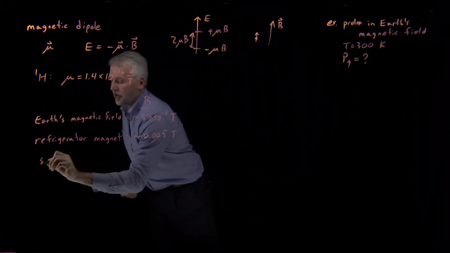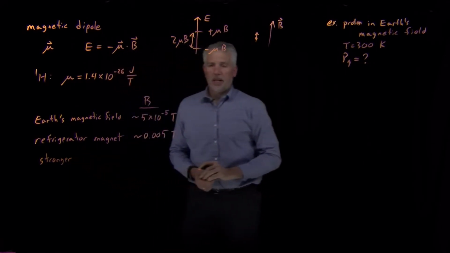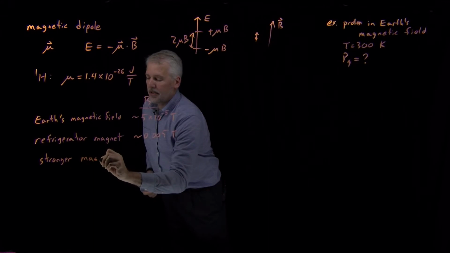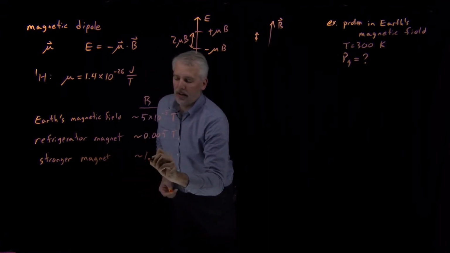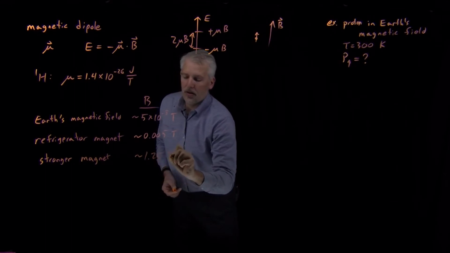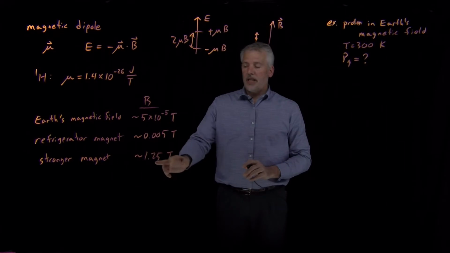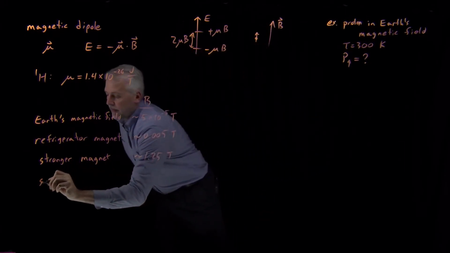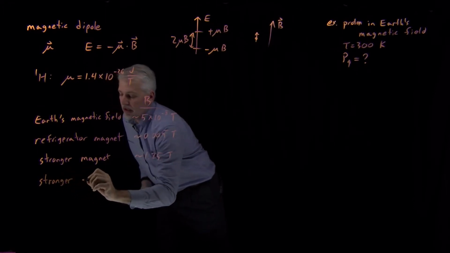A much stronger magnet, these days you can get relatively cheap neodymium iron boron magnets, consumer grade magnets that are quite strong. Those are typically about 1 Tesla or a little bit larger. So those are quite strong magnets. So that's the general size of a Tesla. And then it gets progressively more and more difficult to make the magnets stronger.